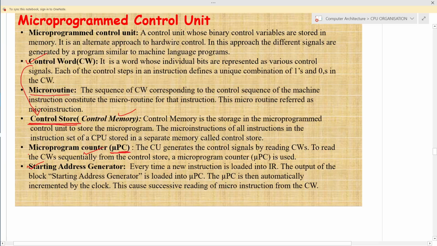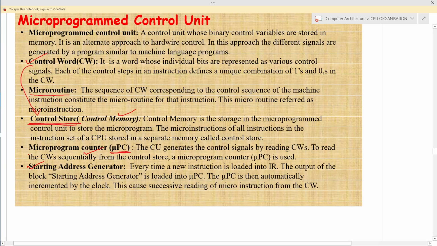So briefly, the control unit generates the appropriate control signal just by reading the content of a particular word. That means we are not requiring any hardware to generate these control signals. We just need to know at which time we have to perform which task.